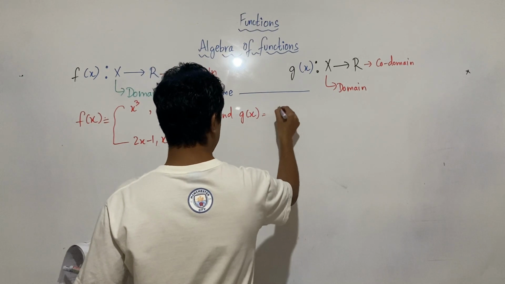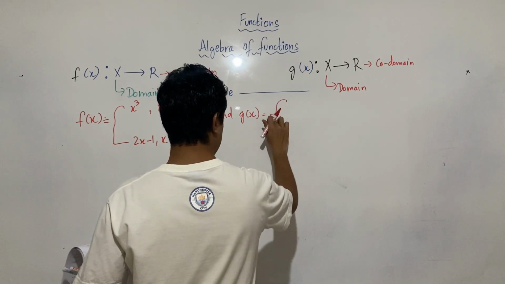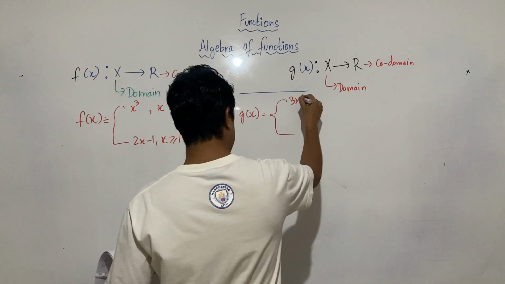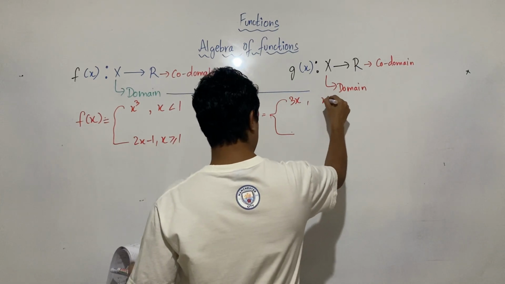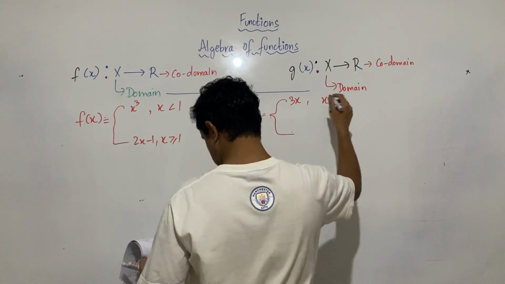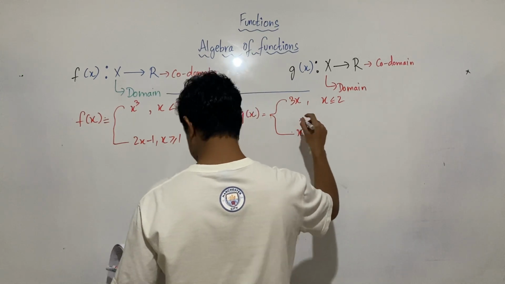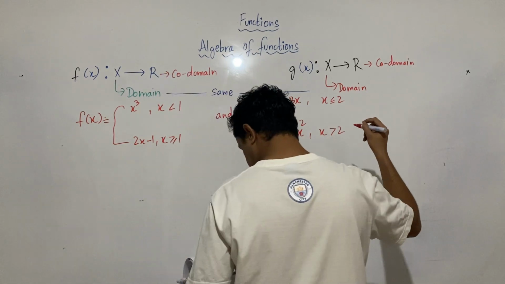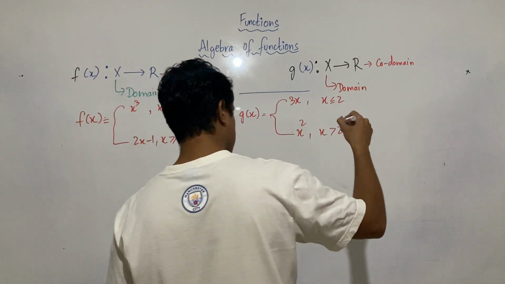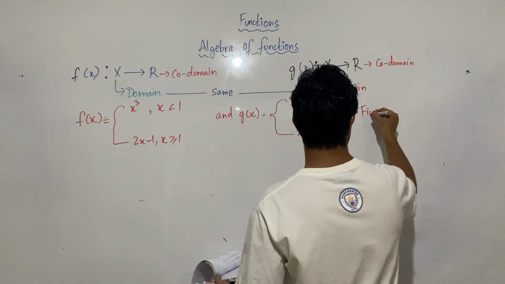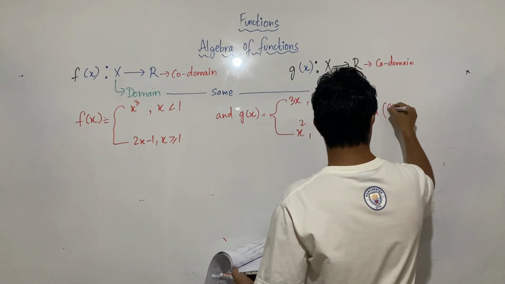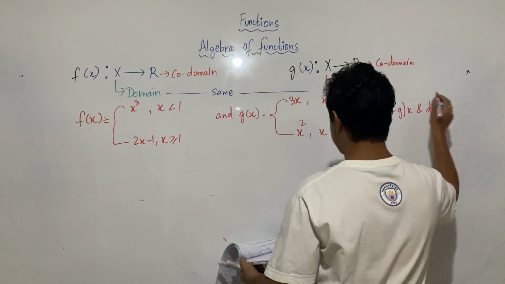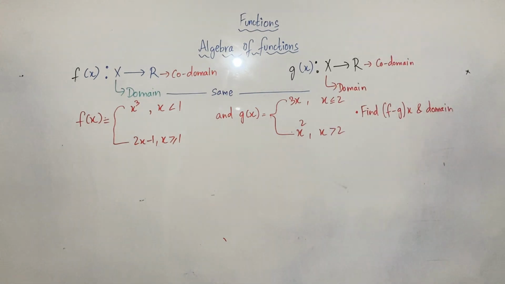Again, it has two definitions. The first says that it is 3x for all x less than or equal to 2, and the second definition says that this is x squared for all x greater than 2. And we have to find f minus g of x and its domain. Okay, so that's what this question says.